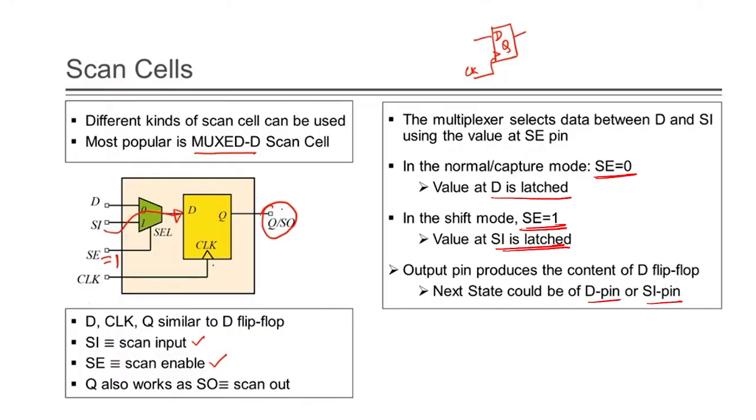This output pin produces the content of D. In the next state, you can get the D pin or the SI pin, depending on the SE pin. When SE equals 1, you get the SI scan input that is coming to the D flip flop, and when SE equals 0, you get the D input. This is scan cells.